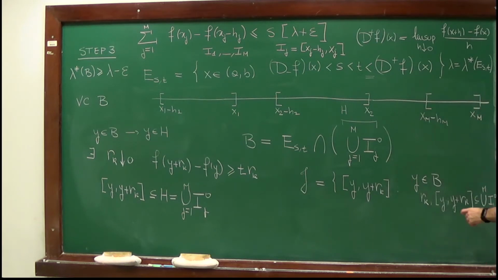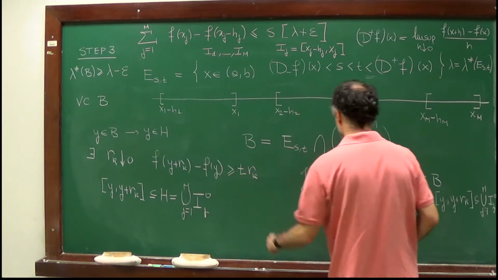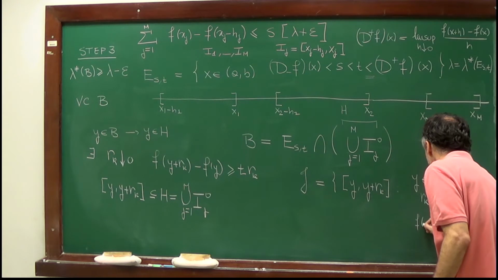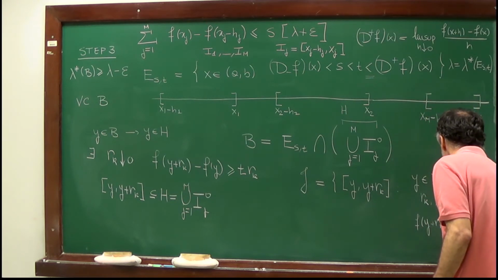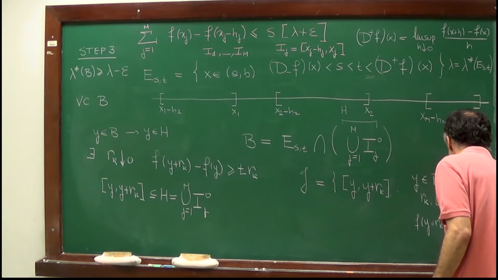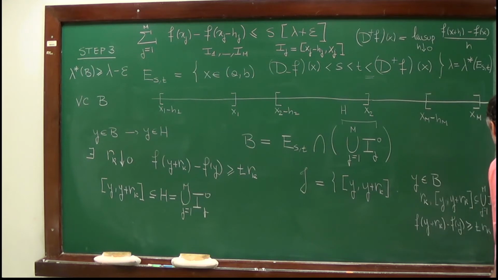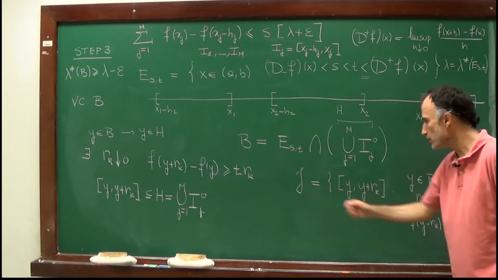Keep in mind that if you are contained in this union, you are contained in one of these intervals. And I know that f(y plus r_k) minus f(y) is bounded below by t times r_k. So these are a family of intervals, which I'm calling J.